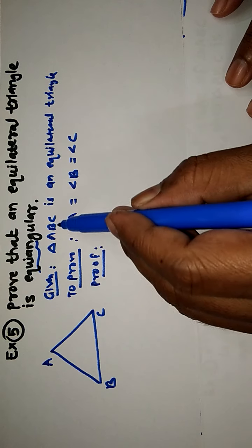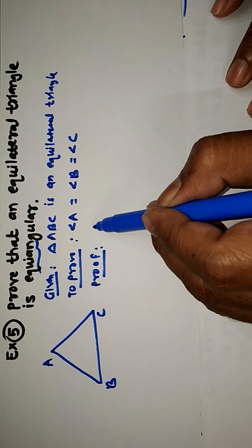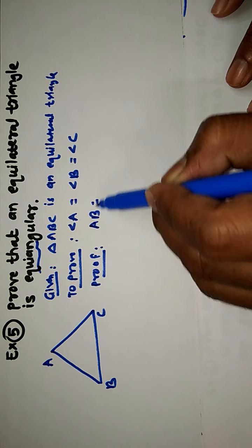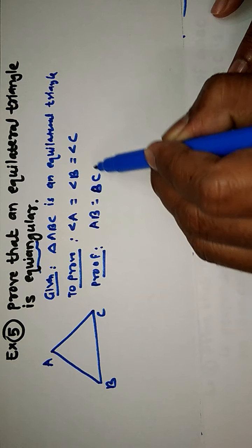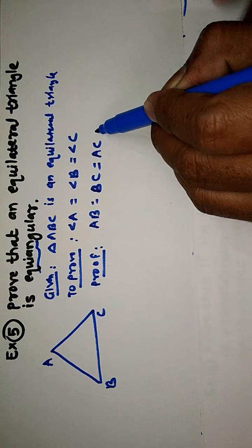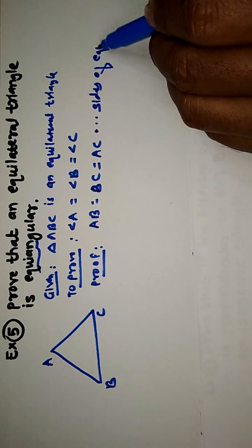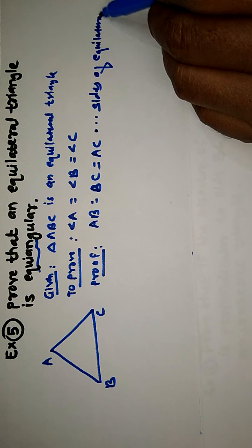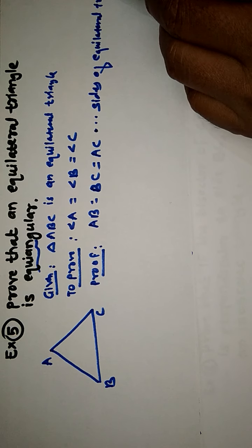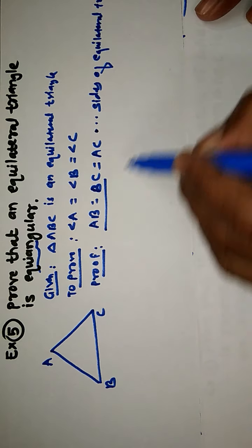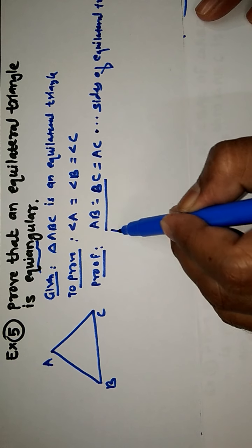Write down here. Remember that this is an equilateral triangle, then all the sides of an equilateral triangle are congruent. Write down here, sides of equilateral triangle. Now we take AB congruent to AC.